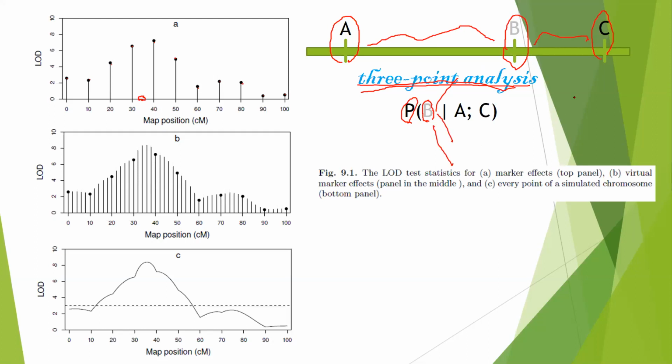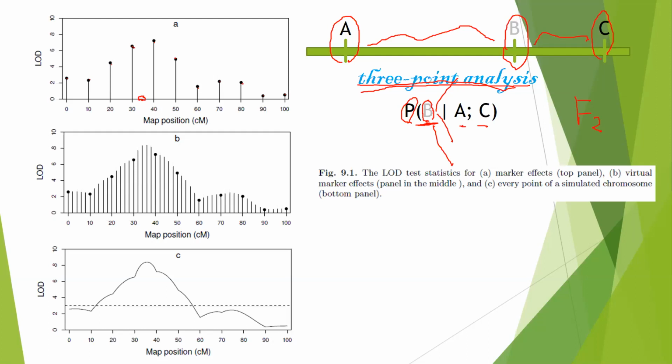Suppose this is an F2 population, so we know B can take any one of the three genotypes. But if we do not observe the genotype for B, then we can use A and C to infer the genotype.